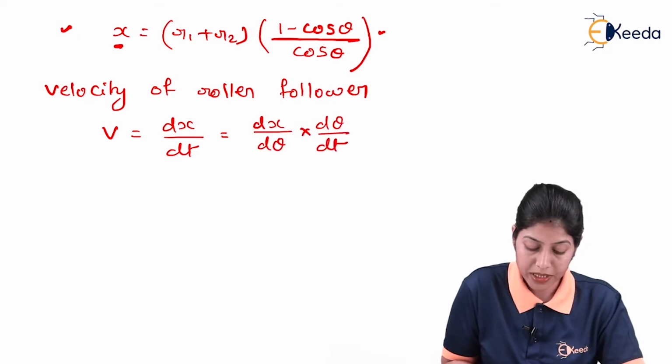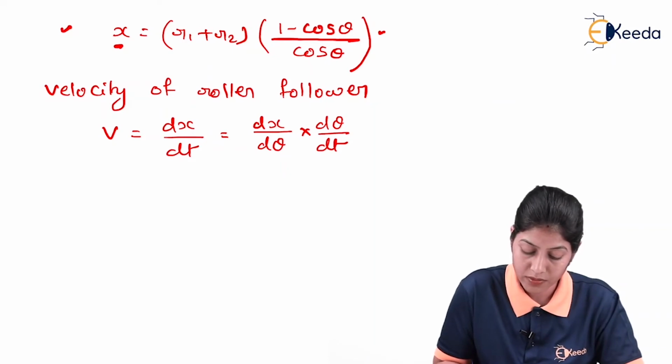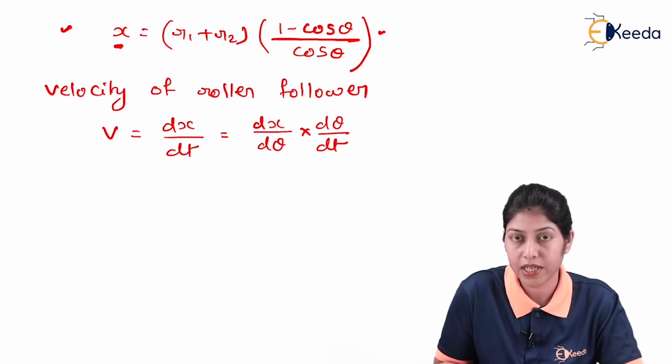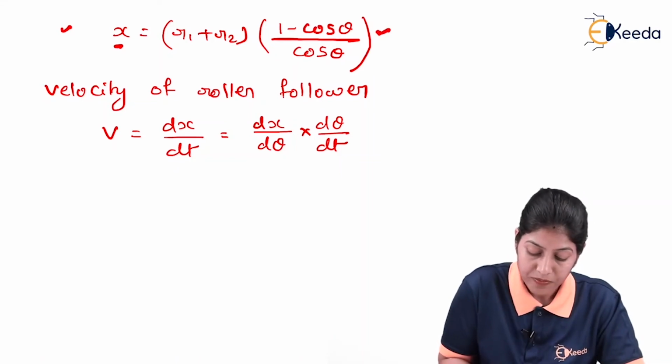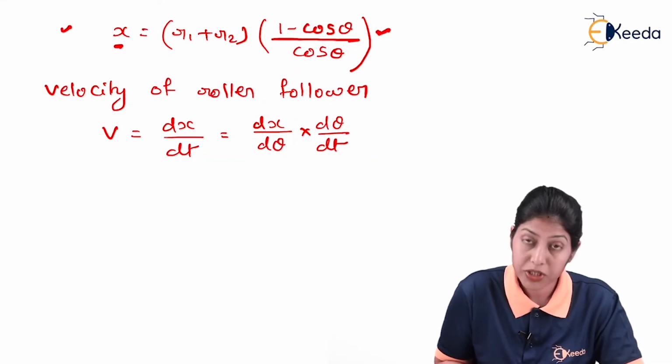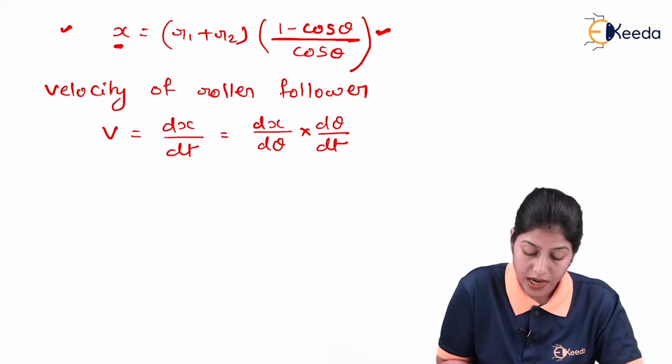Now here we split this term dx by dt into dx by d theta into d theta by dt. We will differentiate x with respect to theta, and it will be multiplied by d theta by dt.